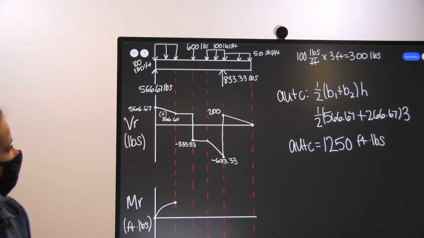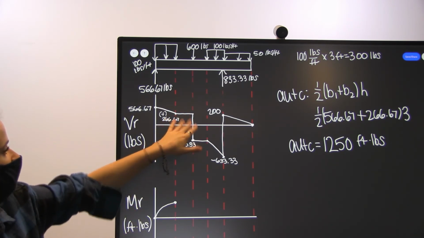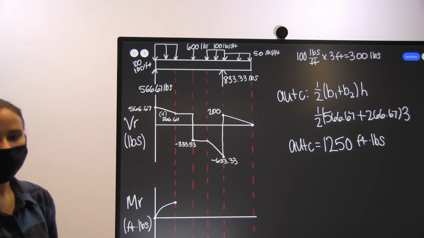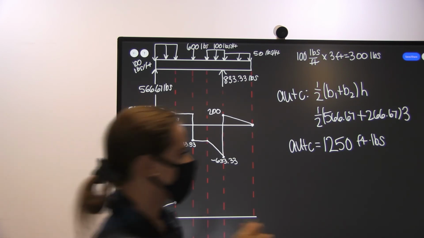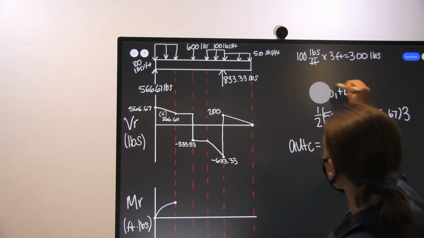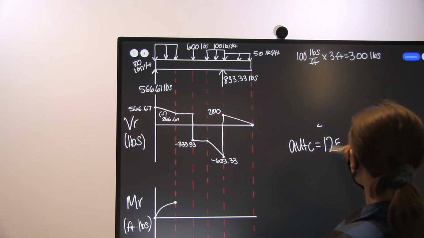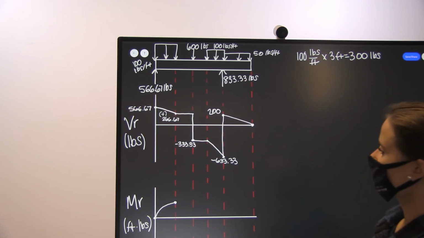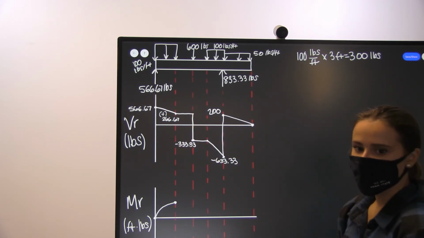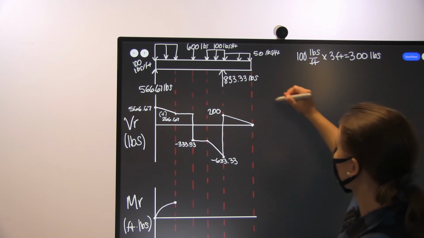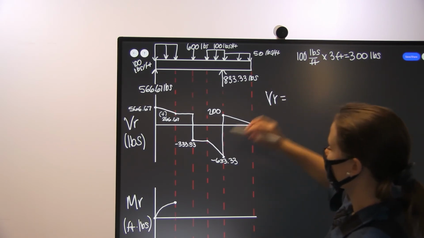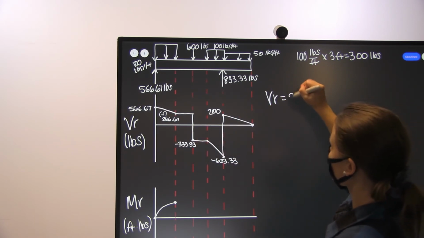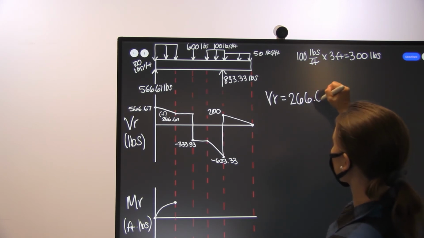Okay, and then we'll do our next section right here. For that, we'll take the integral. So what we're going to want to do is start off with what's our equation for this line right here. So we know that our equation for this VR is equal to 266.67.